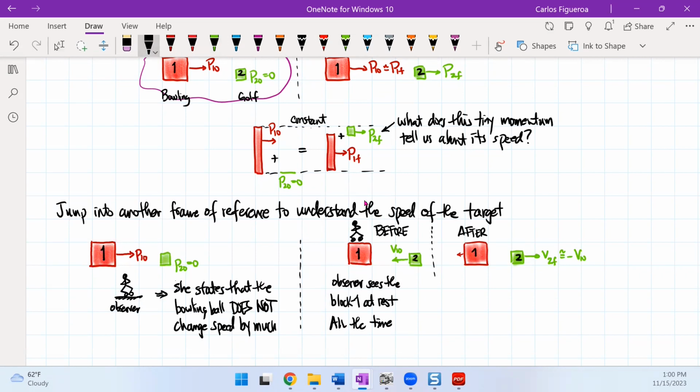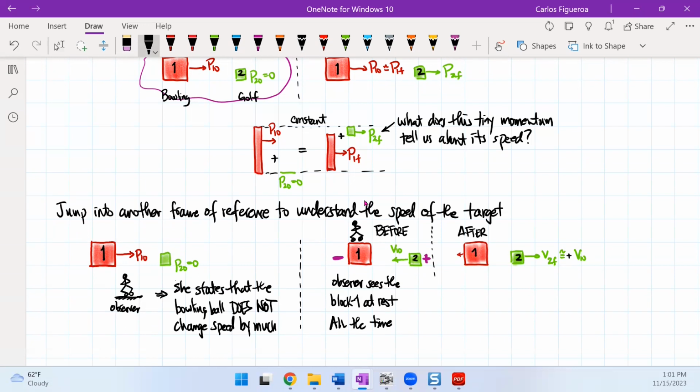So now, I should be really careful. Let me put in some signs here. Let's make this the negative sign in that direction, and let's make this the positive sign. So this guy should be positive because that's the velocity moving in that direction.